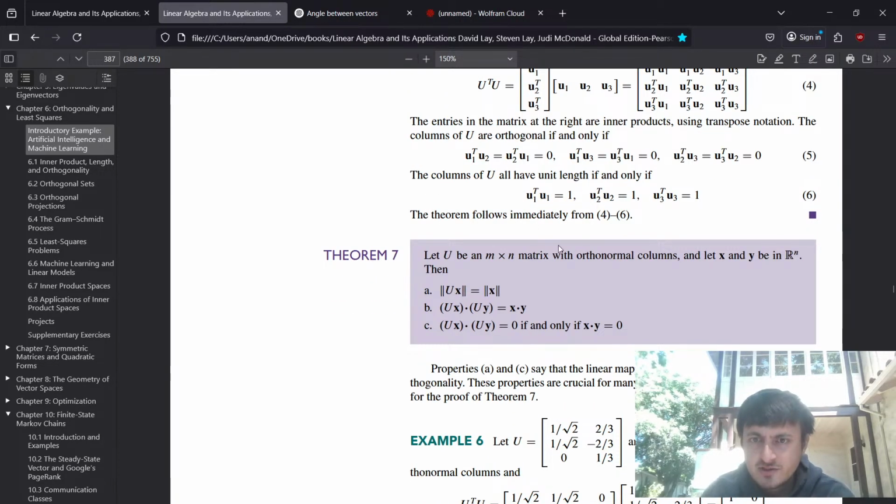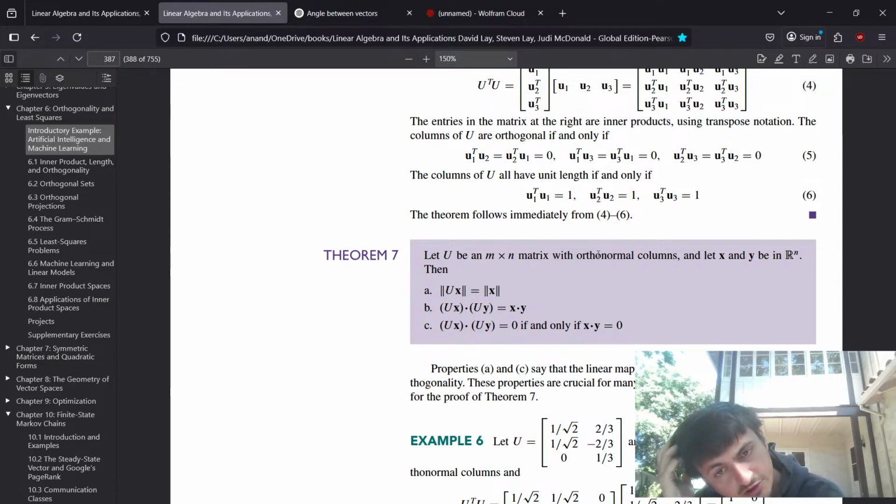Let U be an n by n matrix with orthonormal columns. Let x and y be in Rn. Then the norm of Ux is equal to the norm of x. And Ux dot Uy is equal to x dot y. Wait, really?